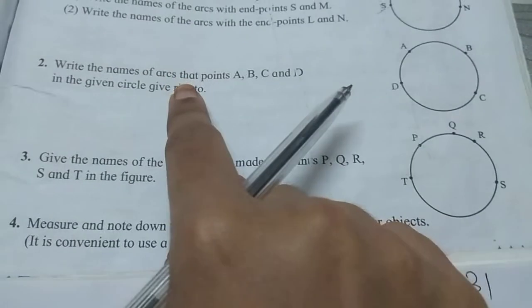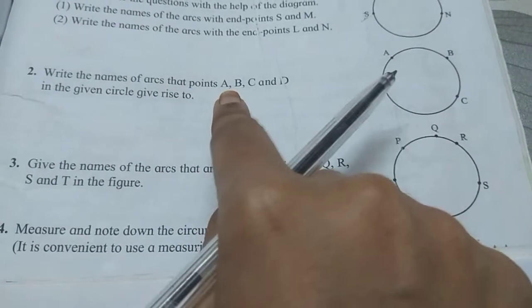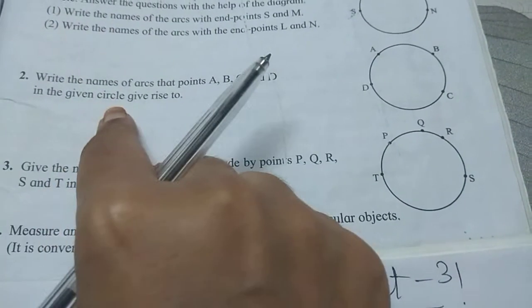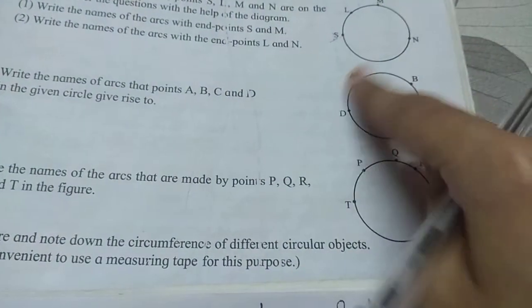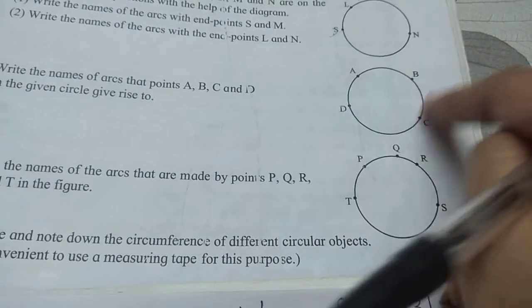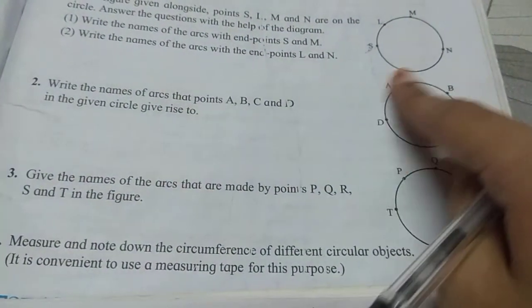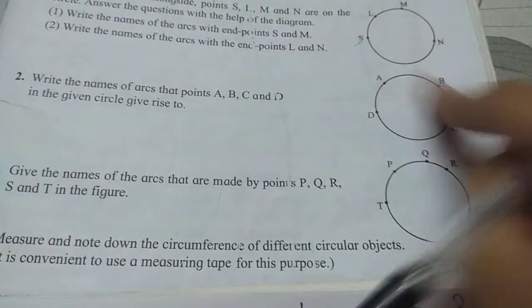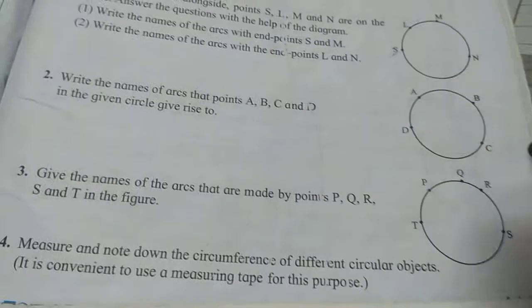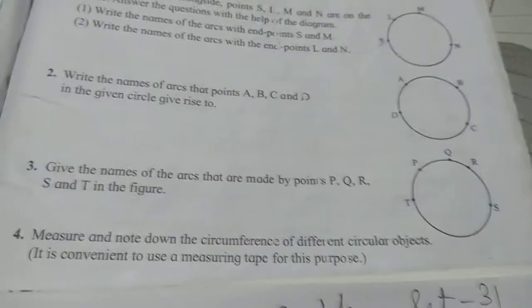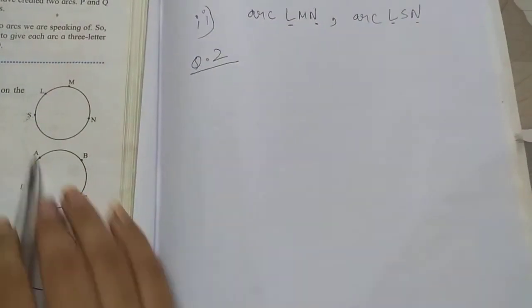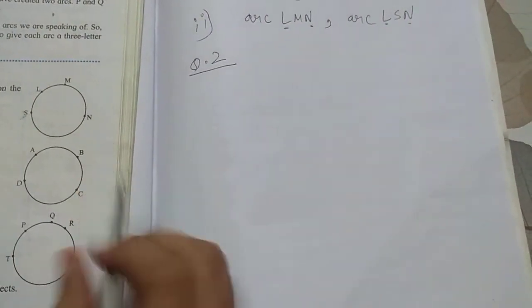Write the names of the arcs that points A, B, C, D in the given circle give rise to. So this is the circle with points A, B, C, D on it, and we have to basically name different arcs in this circle. Okay, so let's start. This circle is there for reference.